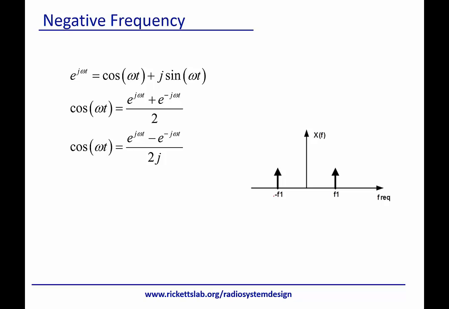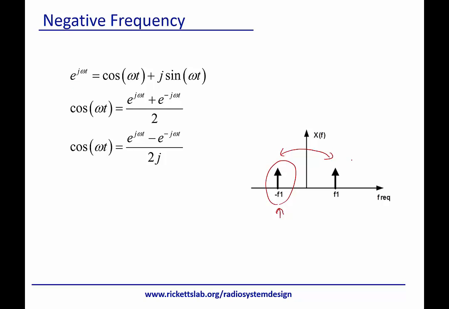So I want to talk a little bit more about this negative frequency. If you actually did the Fourier transform of a cosine, you would see that one of the coefficients comes out and it has a minus j omega t component, and that's what gives us this delta function. Another way that I think helps me remember two things, one is what this is, and also that we need both, is this identity here you probably remember.